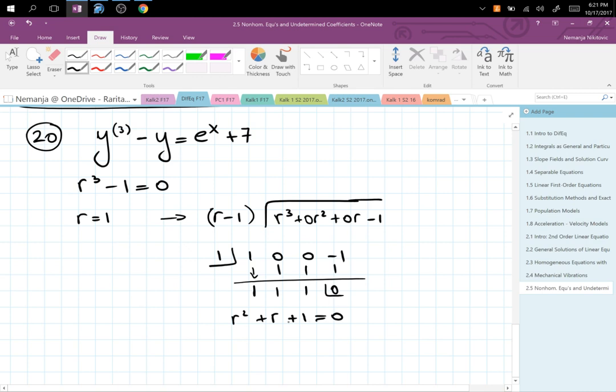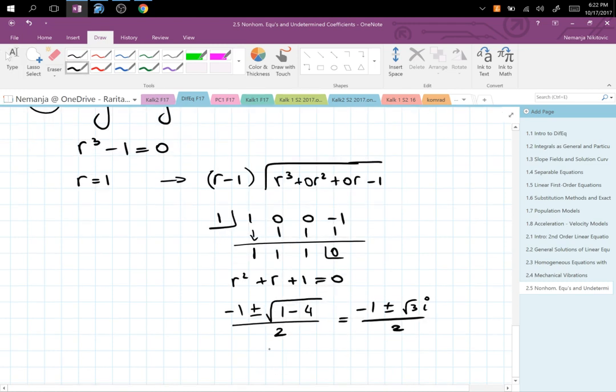And with this one, we unleash the quadratic formula again. So negative 1 plus or minus the square root of 1 minus 4, divided by 2. So that's negative 1 plus or minus square root of 3 i over 2. And we are getting the solutions for this: r equals negative 1/2 plus or minus root 3 over 2 i.